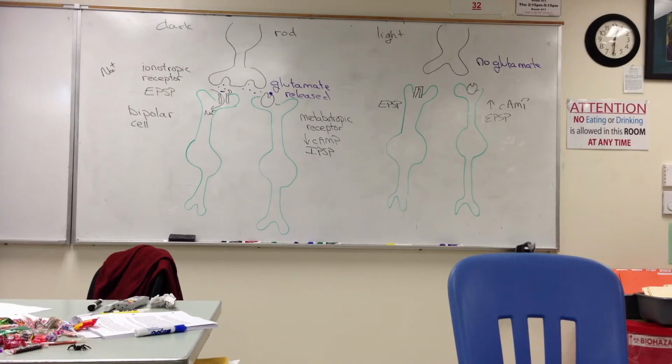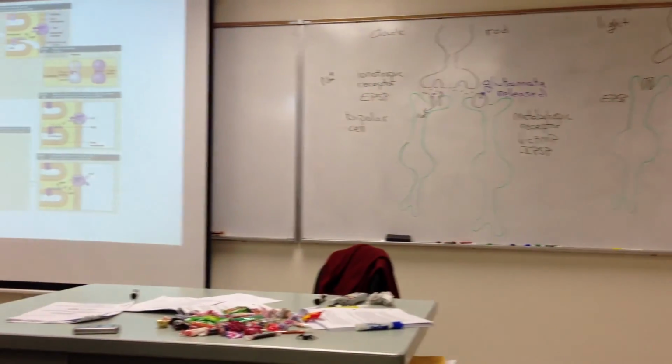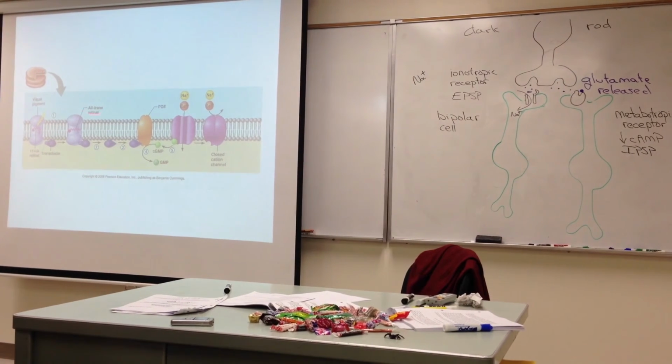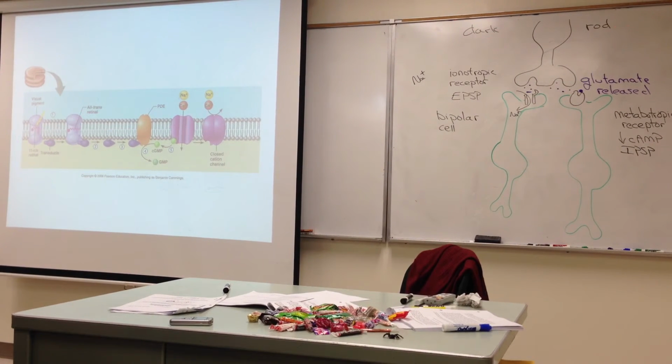These diagrams just look closer at the sodium channels and at the discs. And this right here is what I drew previously when I drew the membrane of one disc. So here would be the retinal, with the cis formation changing to the trans, activating the transducin.